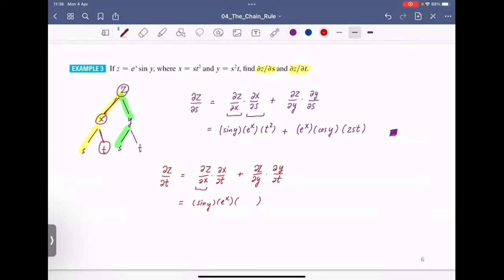And then you need just ∂X/∂T, which now you have to differentiate x with respect to t. This time it's going to be 2st, right? Because here, differentiate with respect to t, you get s times 2t. And then plus e to the x cosine y. Copy that one. And ∂Y/∂T, you're going to get s squared.